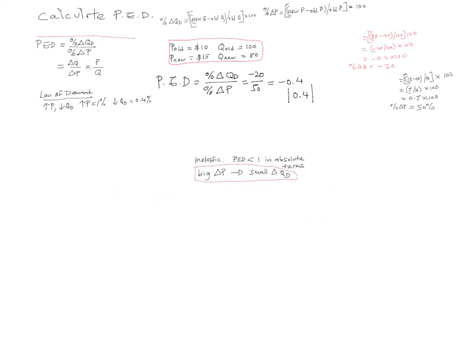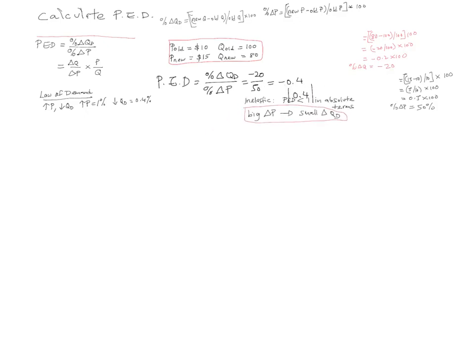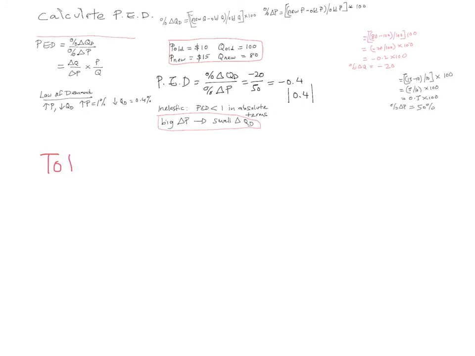In this situation, if I was to ask you, should you increase your price? If you increase your price, you know you're going to get fewer customers, but are you going to make more money? Well, we go to total revenue. Remember, total revenue is price times quantity.